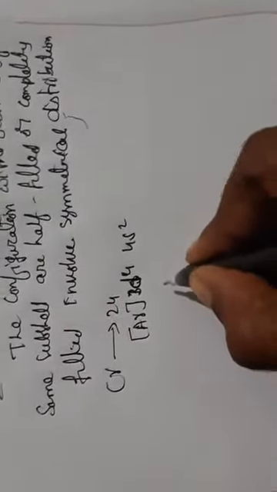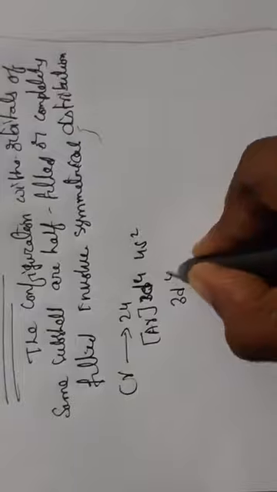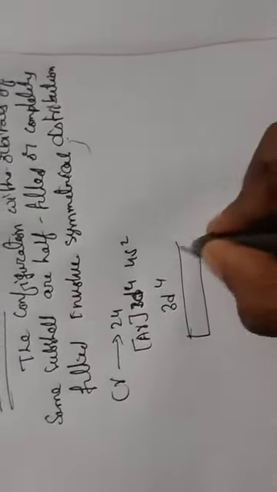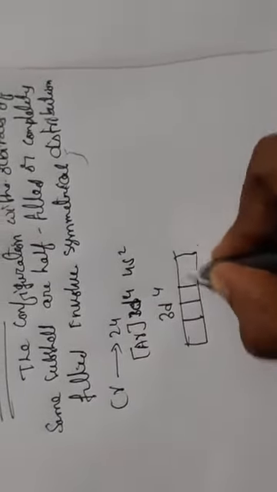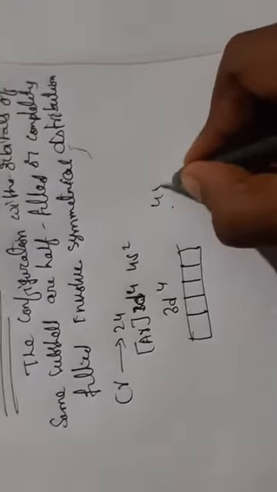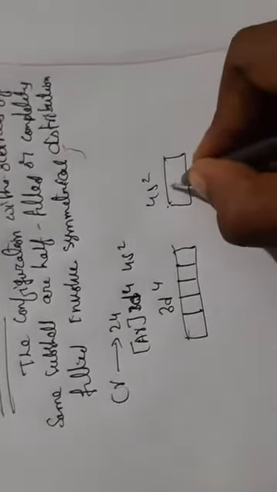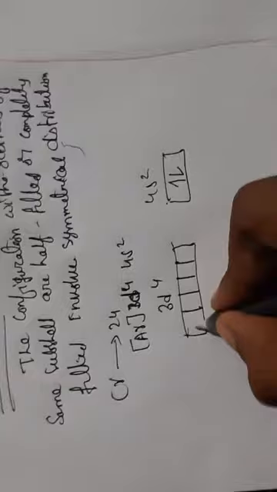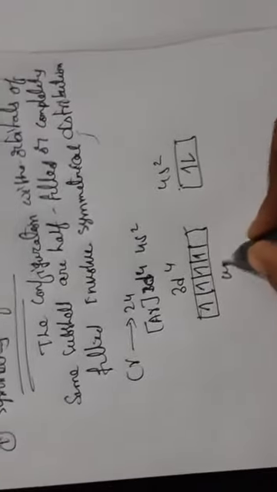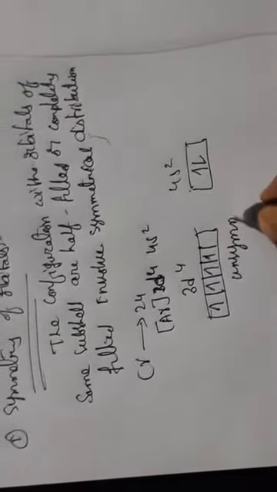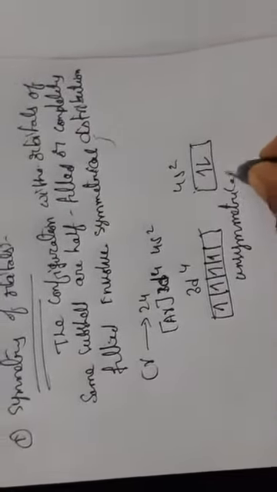The 3d is divided into 5 orbitals, and then 4s2. So 3d4 has 1 2 3 4 electrons. This is unsymmetrical. Why?